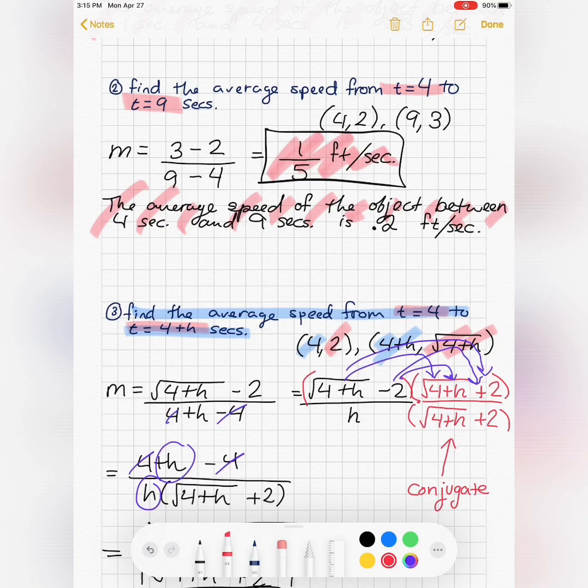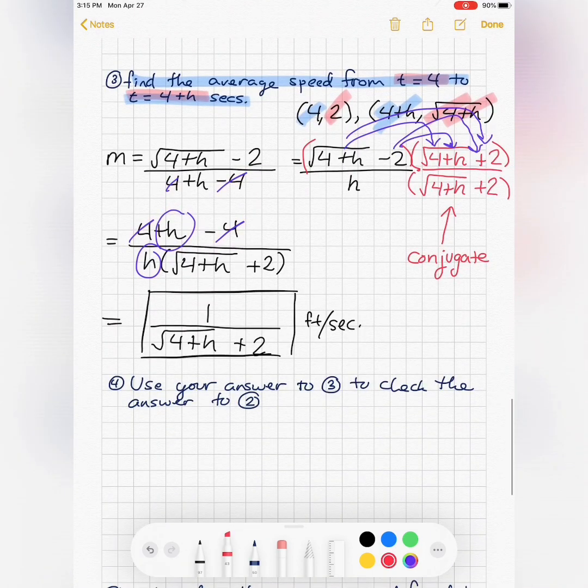So in other words, what would h have to be? If I want to get from 4 to 9, isn't 9 4 plus 5? So wouldn't I be plugging h equals 5 into this expression?